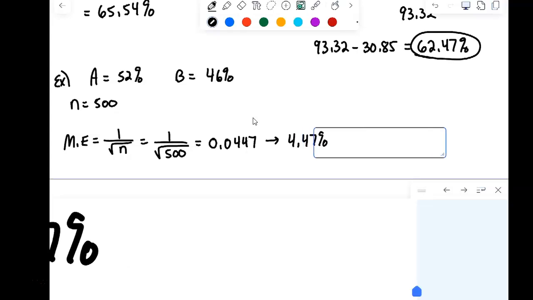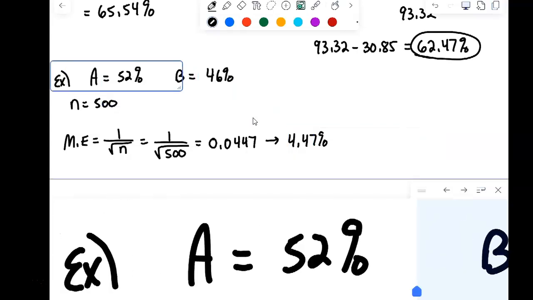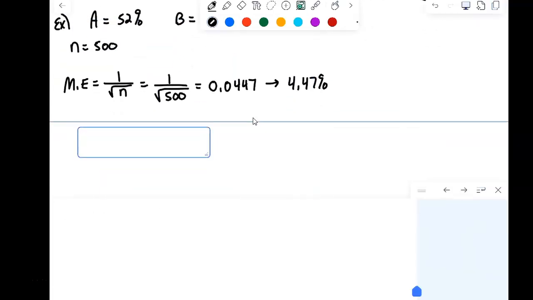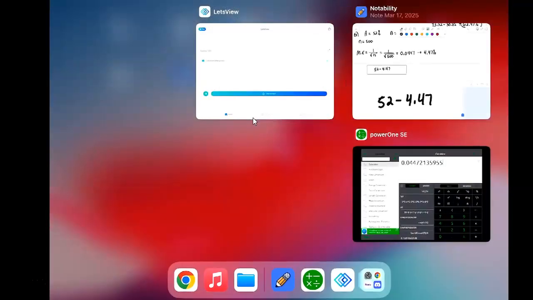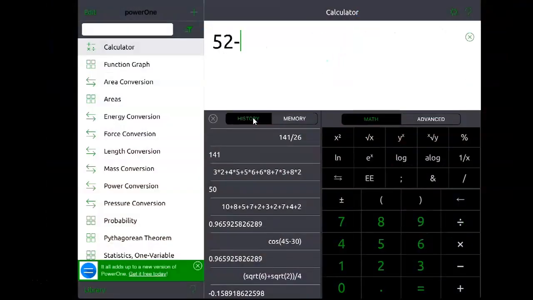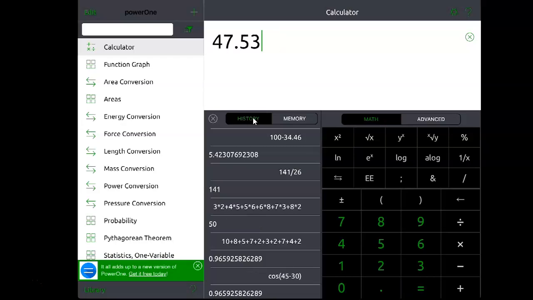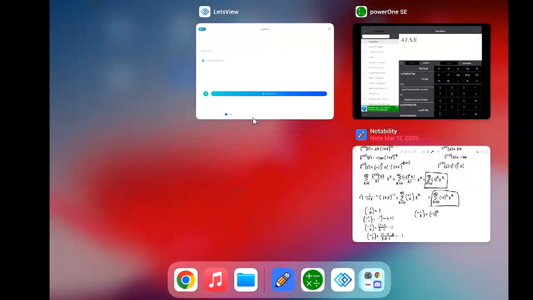And then the final thing is, what would the range then be for the leading candidate? So it would be 52 minus that. So work that out. 47.53.